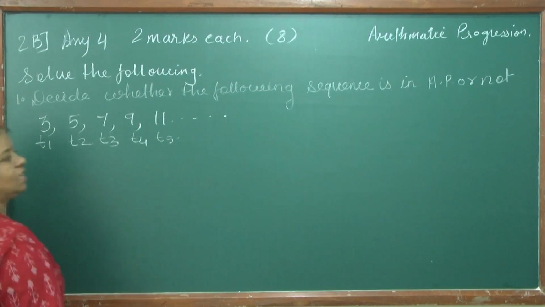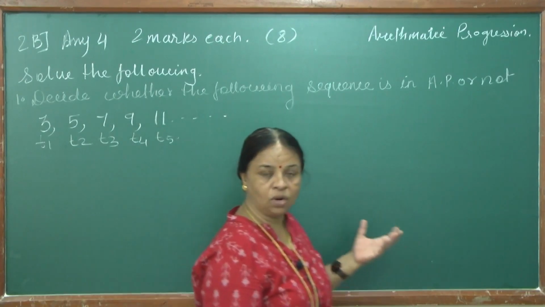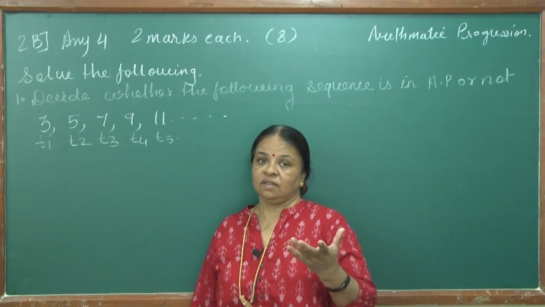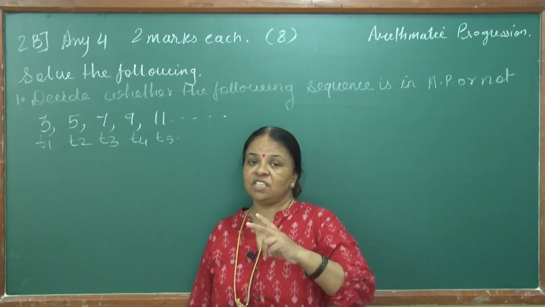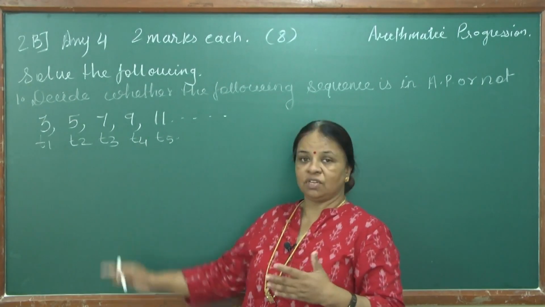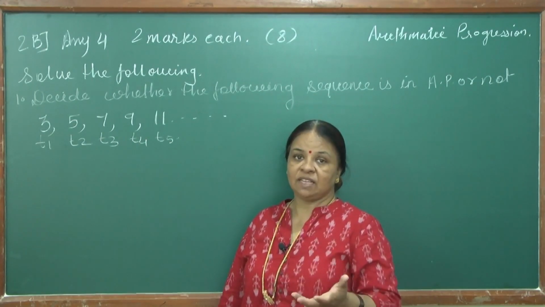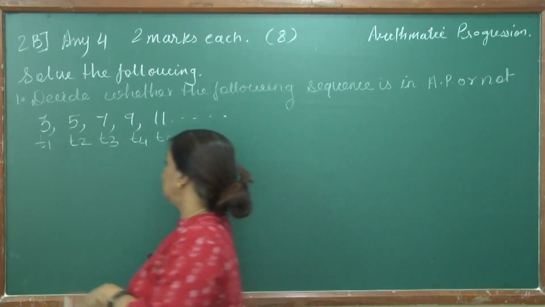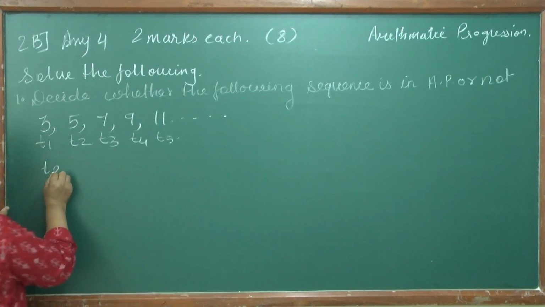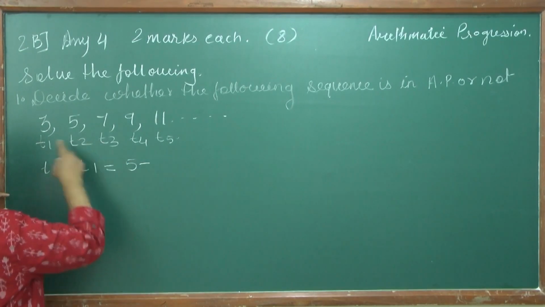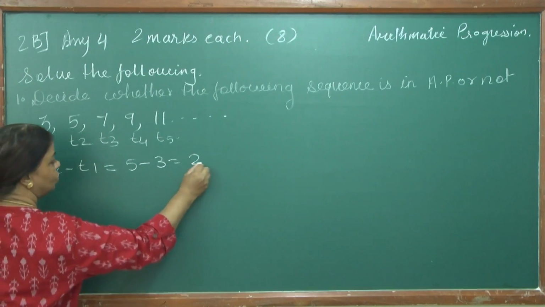To decide whether the given sequence is in AP or not, there has to be a constant difference between two consecutive terms. If you take any two consecutive terms and subtract them, whatever value you get should be the same. For example, T2 minus T1: T2 is 5 minus 3, which is equal to 2.